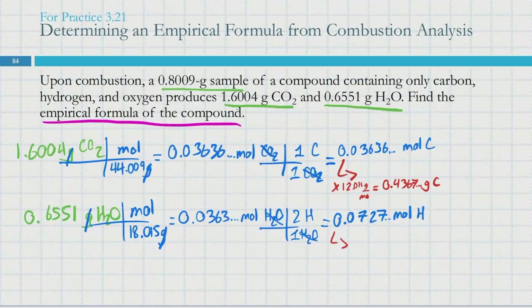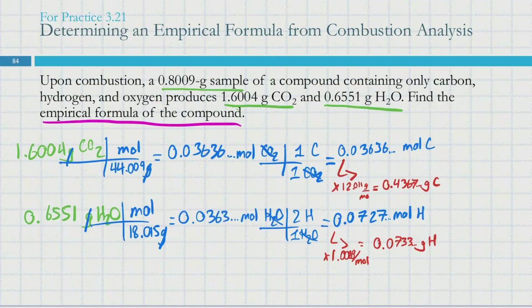We can do the same thing for our hydrogen. Let's figure out how many grams of hydrogen we had. It's 0.0733 grams of hydrogen.